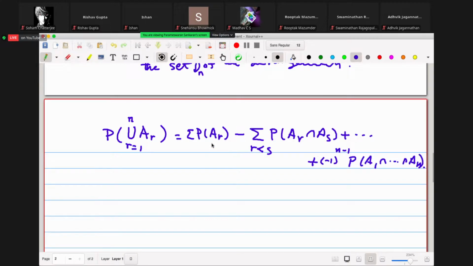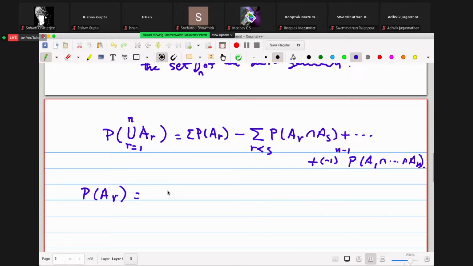All right, so now probability of AR, let us think about what it is. This means that the rth element is in rth place, and remaining anything can happen.